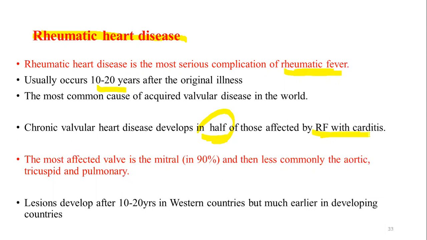In terms of valvular involvement, the mitral valve is involved in 90% of the patients. So this is the most commonly affected valve. Different scholars have said a lot of things about why this condition mainly affects the mitral valve, and why not the pulmonary valve. In fact, the pulmonary valve is the least affected valve due to rheumatic heart disease.